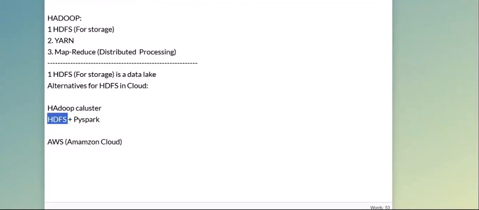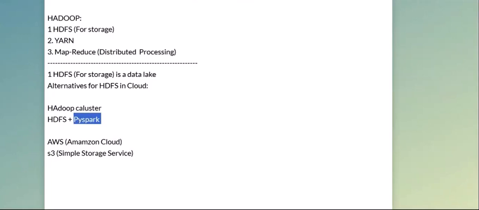The alternative of HDFS in AWS is S3, which is called Simple Storage Service. And we can plug and play with Apache Spark, and we can do our work. What's happening here?